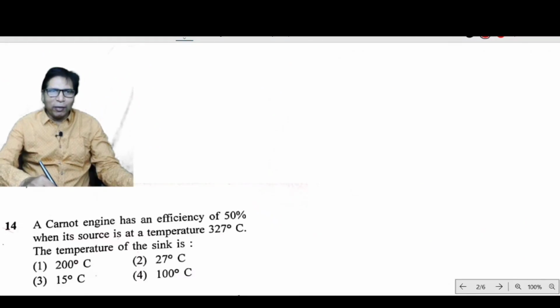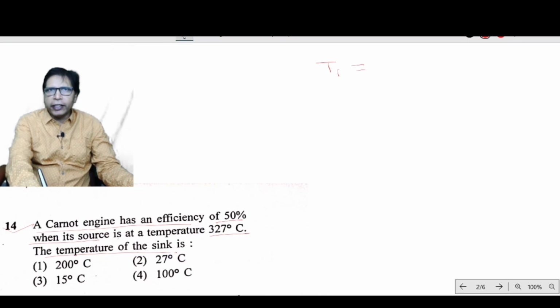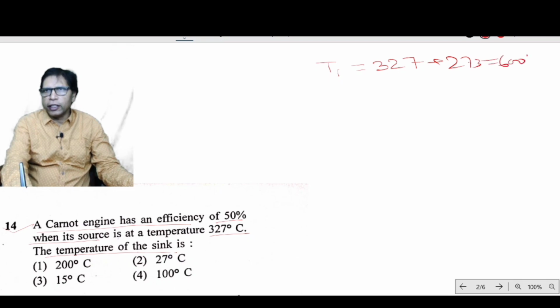Now look at this, question number 14. A Carnot engine has an efficiency of 50% when its source is at temperature 327 degrees Celsius. The temperature of the sink is? Now look at this, here the temperature of the source, that is T1, is given. Now T1 is equal to 327 plus 273. So this is 600 Kelvin. Now we have to calculate T2.